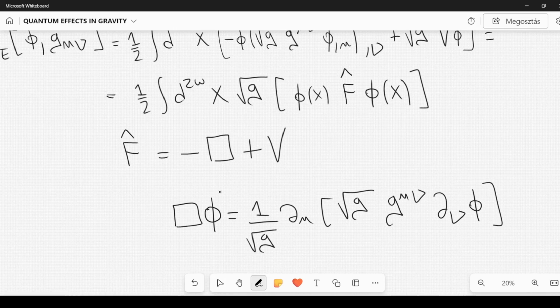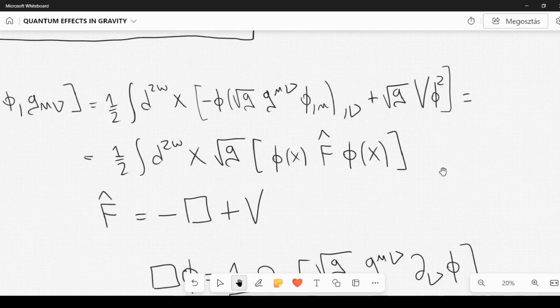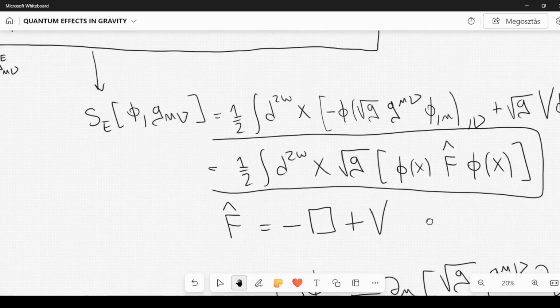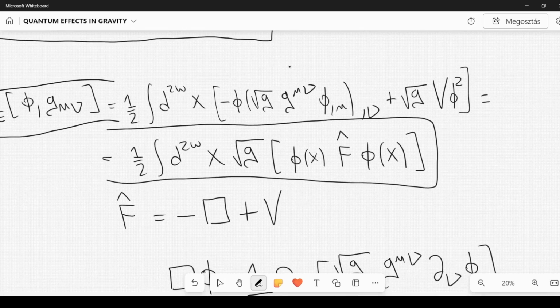And if you replace this expression here and then you put that in here, you will get exactly this expression here. Now, it is convenient to write the action in this form because we can discuss it more in detail, and that's what we will do, in order to understand how we can deal with such an operator and what it tells us regarding this theory.